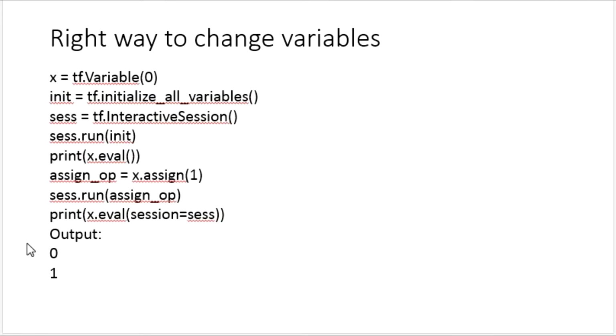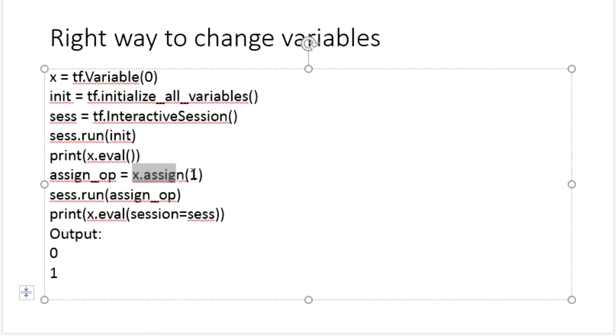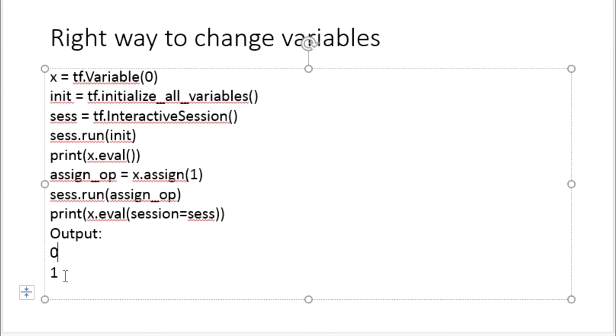And this is how you would change that. So you would run the initializers for all variables, and then you would put that assign into an operation and then you would run it. If you do that, you will get this result, 0 and 1, which is the desired result.